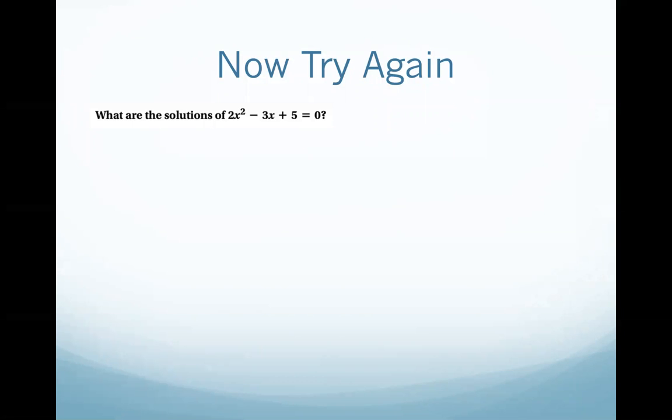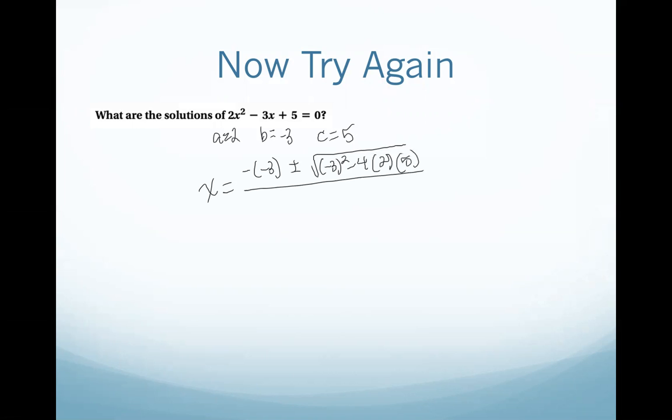So we have that a is 2, b is -3, and c is 5. x is equal to -b plus or minus the square root of b squared minus 4ac, all over 2a.